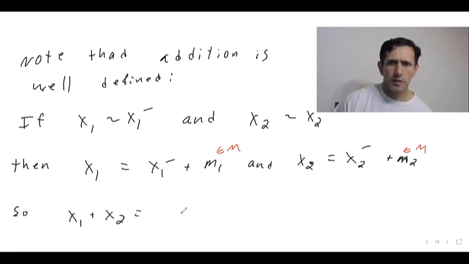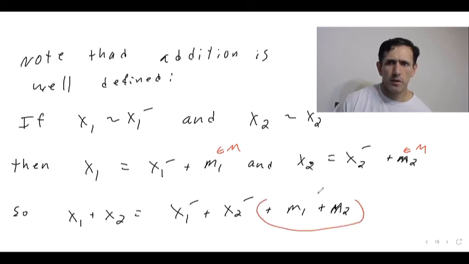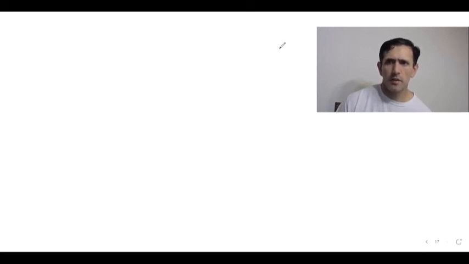So this here is going to be X1 prime plus X2 prime plus M1 plus M2. Obviously, this whole thing here is in big M. So they're equivalent to each other.